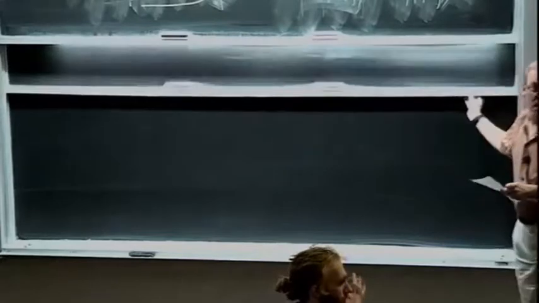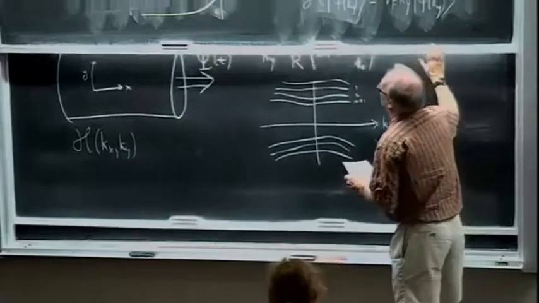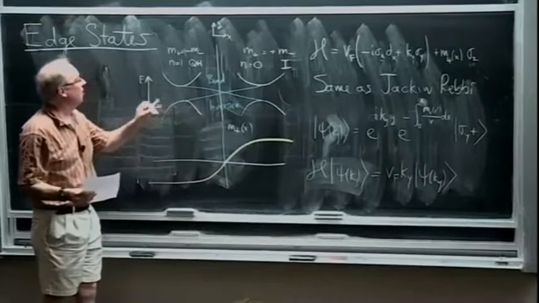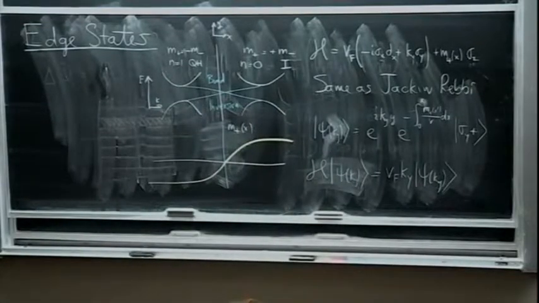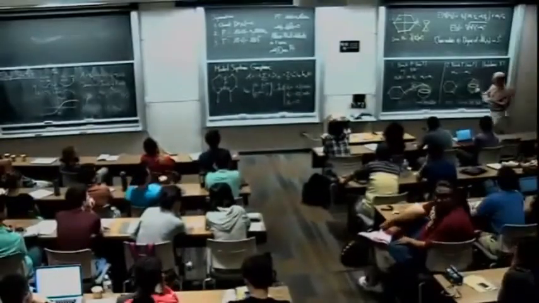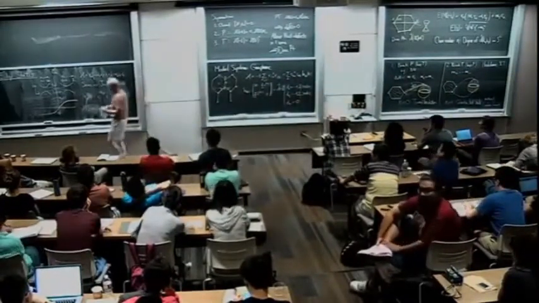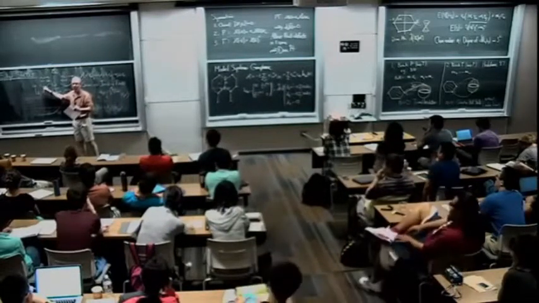Oh, yeah, good. So what I mean is that, let's look at just the states at q equals 0, and ask what do those look like as I vary m plus from being positive to negative.